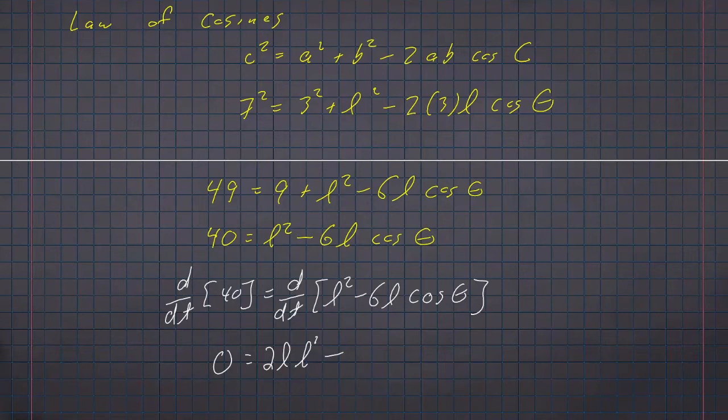The derivative of 6L is 6L prime, and then the derivative of cosine theta is minus sine theta multiplied by the derivative of theta, which is theta prime. Again, using the chain rule.